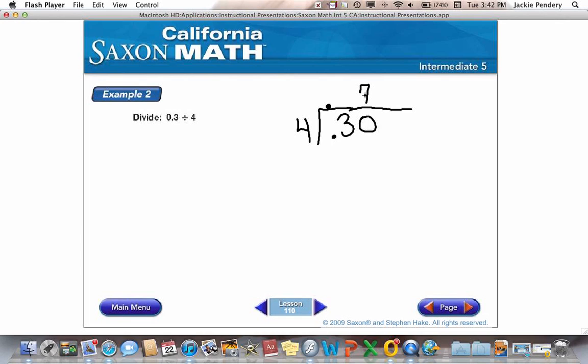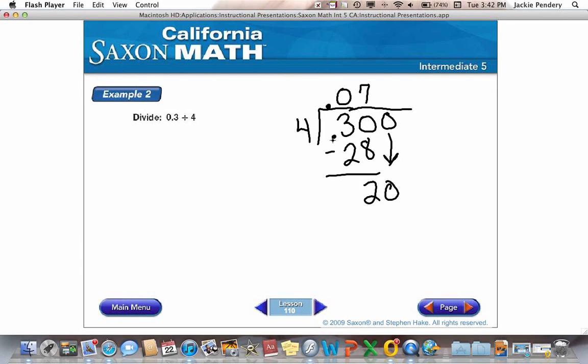Make sure that this 7 is above the hundredths place, and we put a 0 in the tenths place as a placeholder. 7 times 4 is 28. We subtract. There we go. And now 4 doesn't go into 2, and that would normally say we have a remainder, but instead we're going to add another 0 as a placeholder.